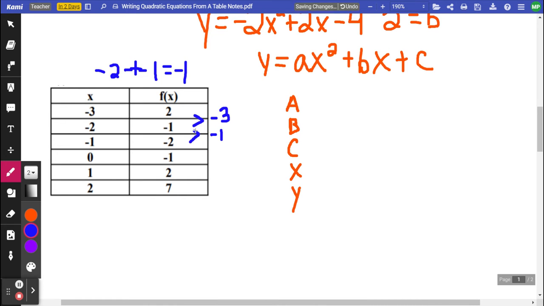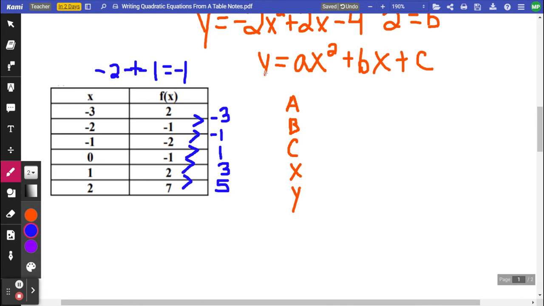Y'all got to remind me. -1 minus -2 is positive 1. 2 minus -1 is positive 3. 7 minus 2. So this is your first difference.